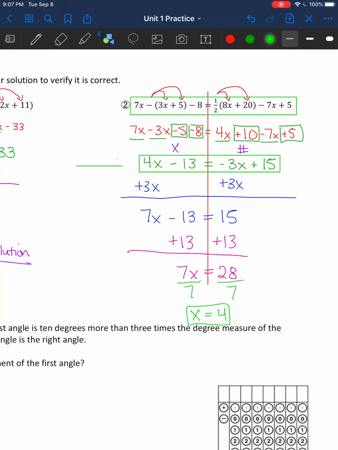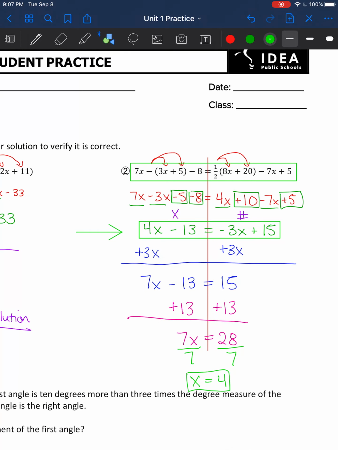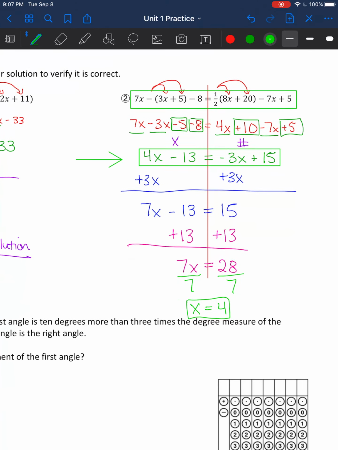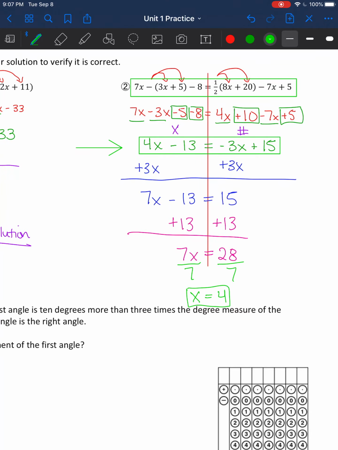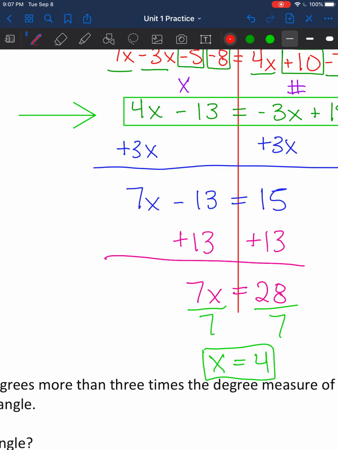I'm going to verify at this step right here, because I'm pretty confident in that first step of distributing and then combining like terms. So I'm going to substitute the 4 because x equals 4 in every x of that equation.